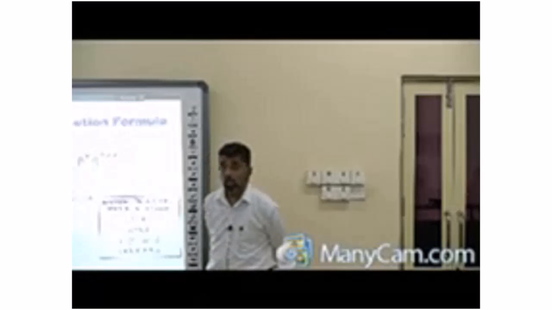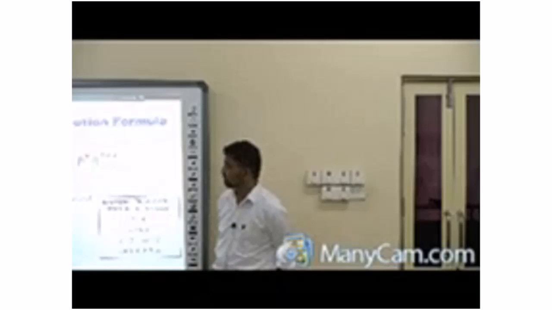Your experiment is tossing a coin 4 times. Then the random variable is X, the number of heads. Out of 4, how many heads can you expect?